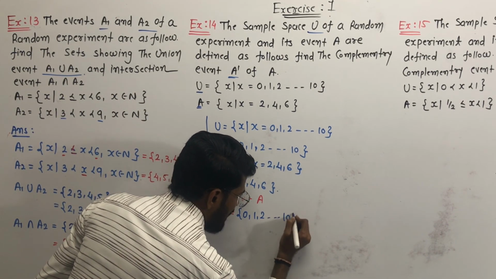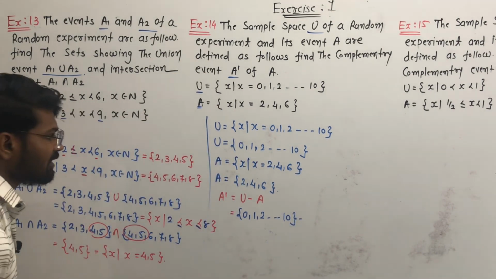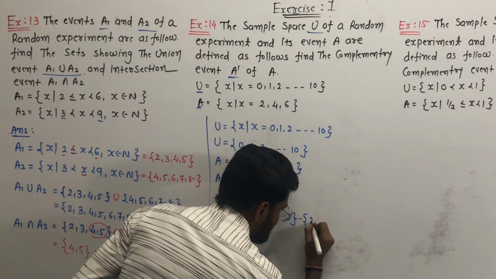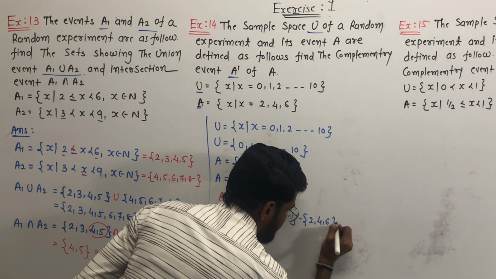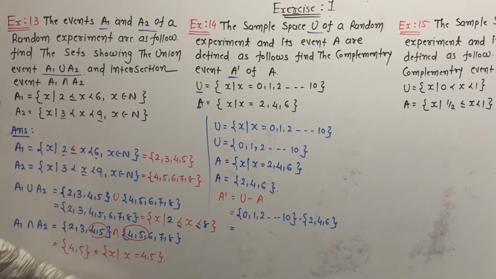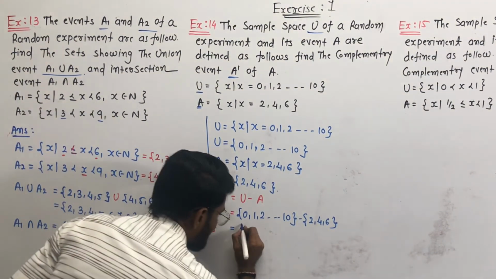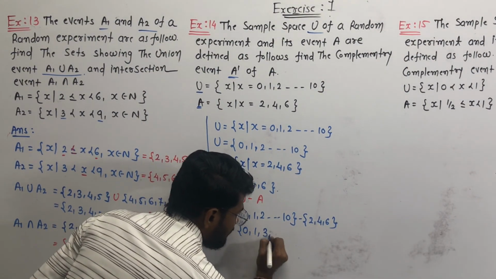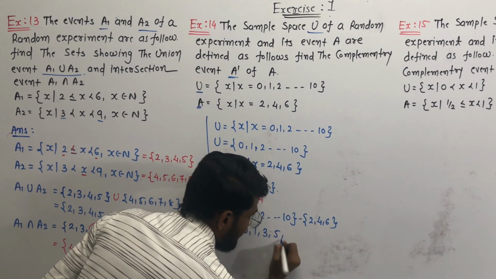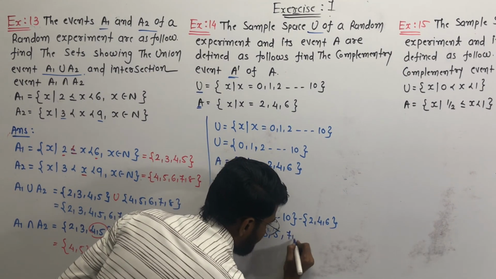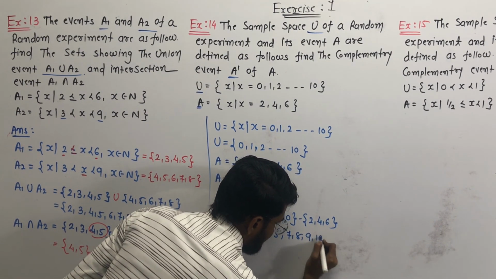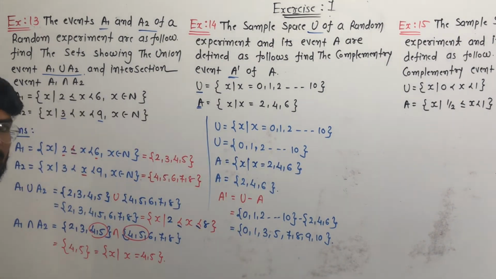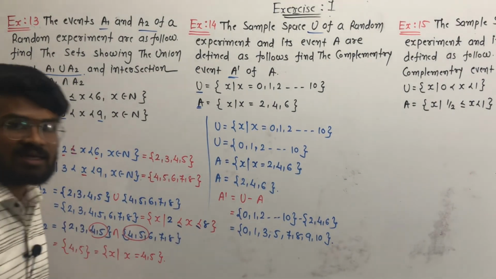Yes, and minus the elements of event A, which are 2, 4 and 6. So the complement of event A is: 0, 1 and 2 are cancelled, then 3, then 4 is cancelled, then 5 and 6 are cancelled, then 7, 8, 9 and 10. Yes, so these are the elements of the complement of event A.